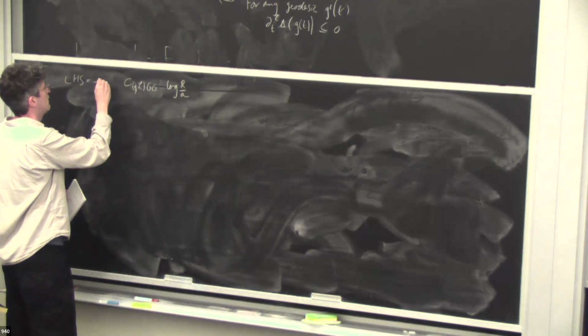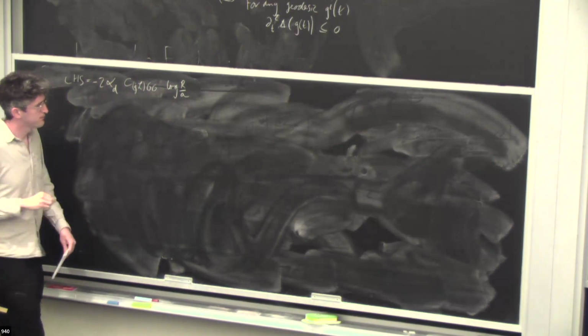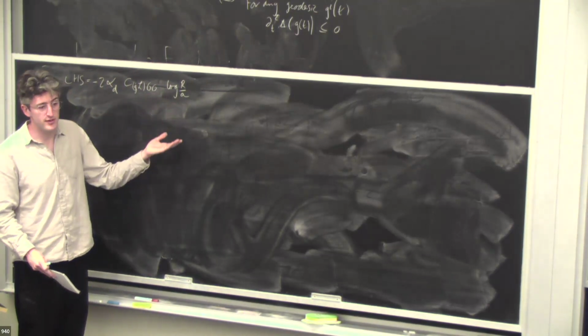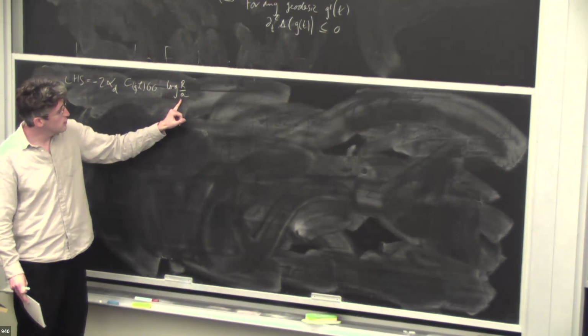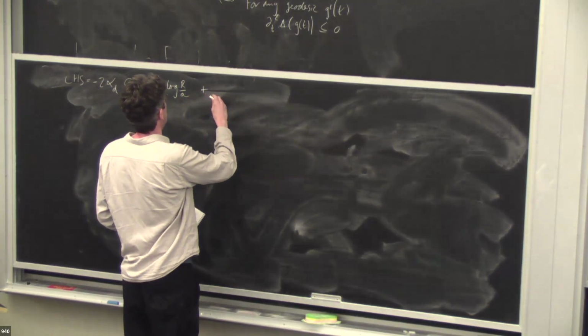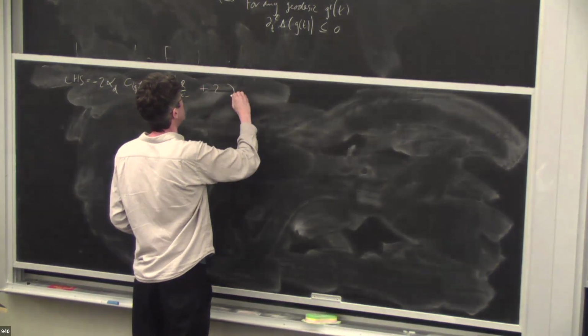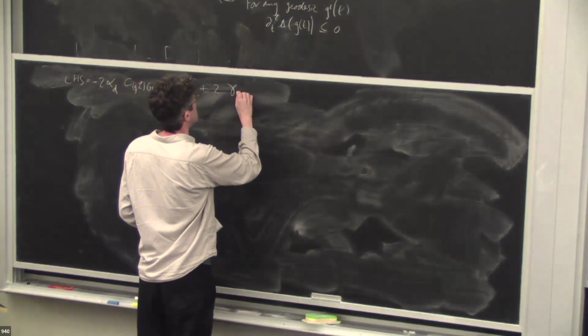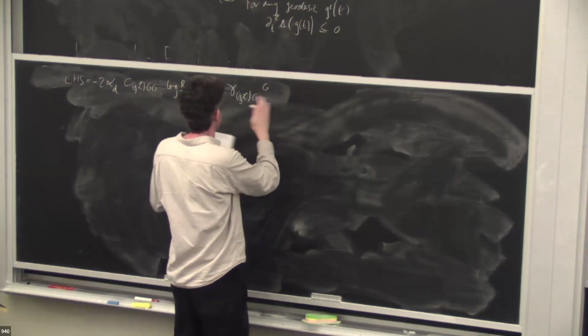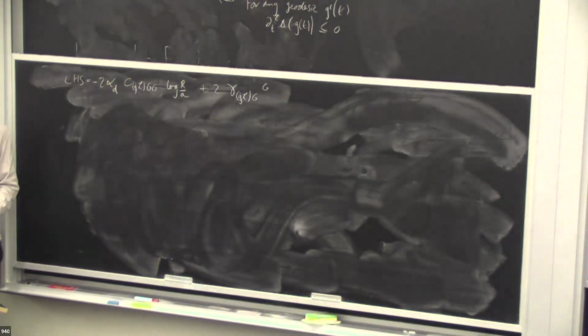There's also some angular volume factor, which we call alpha d. You wanted to make a log of R, but because you put this UV cutoff, you get this a dependence. But now we also get a contribution from the constant term, which is 2 gamma.